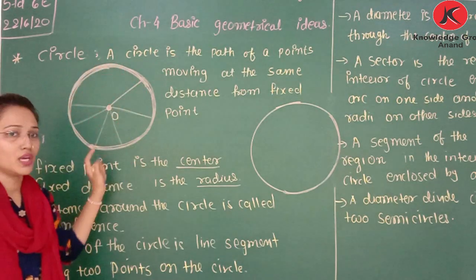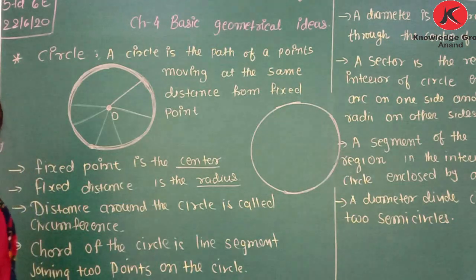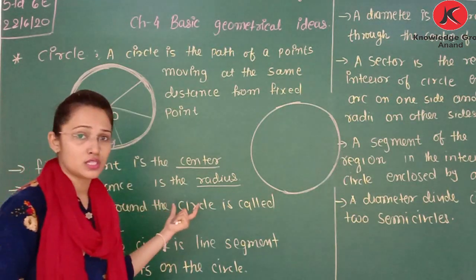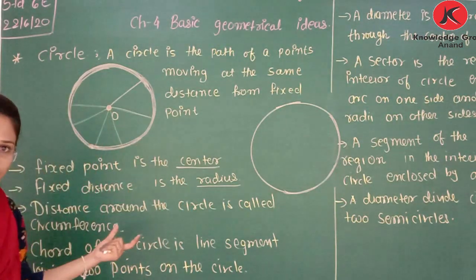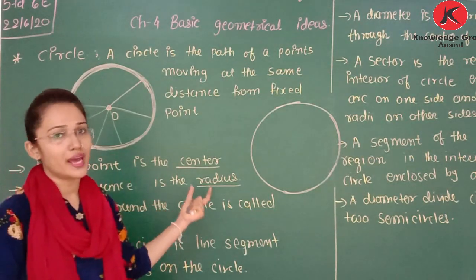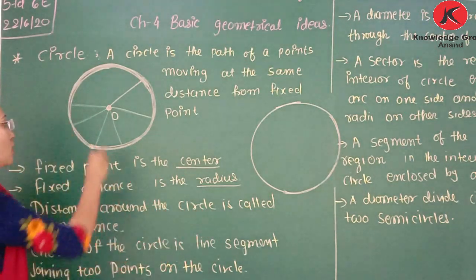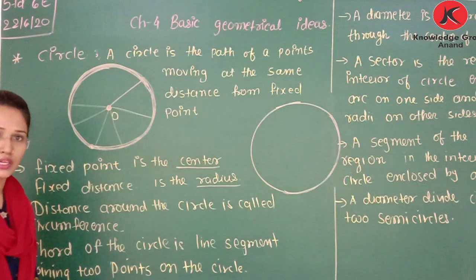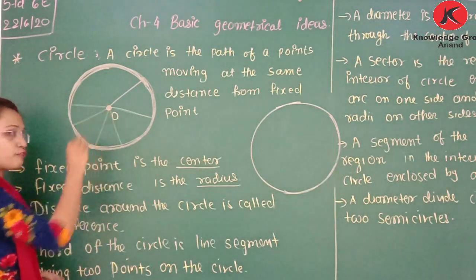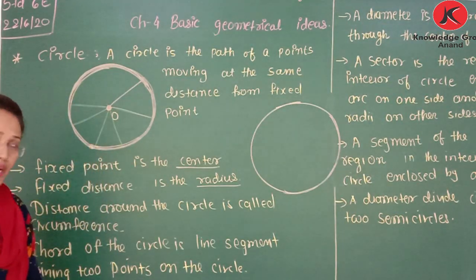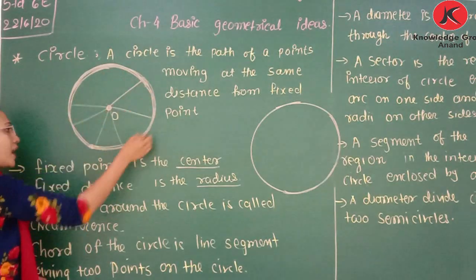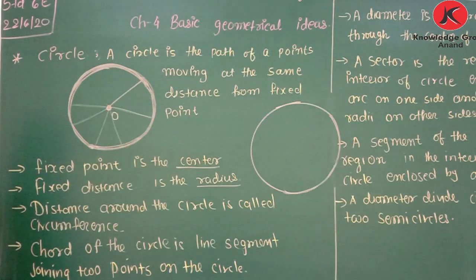This path becomes the circumference. So in this we learn three things: center of the circle, radius of the circle, and circumference of the circle. The fixed point is the center, the fixed distance from the center is the radius, and the path around the circle is the circumference.